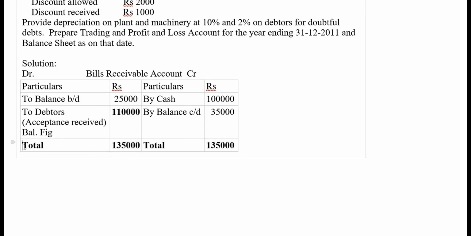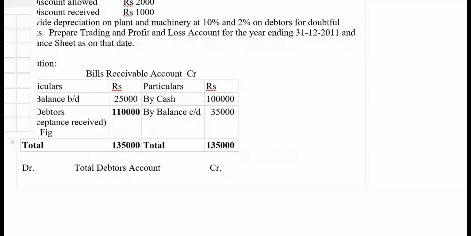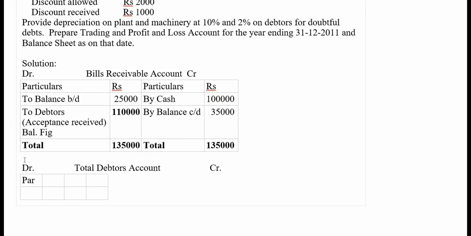The next thing is preparation of the total debtors account. Debit, total debtors account, credit. Let me insert the table here. Particulars, rupees, particulars, rupees.